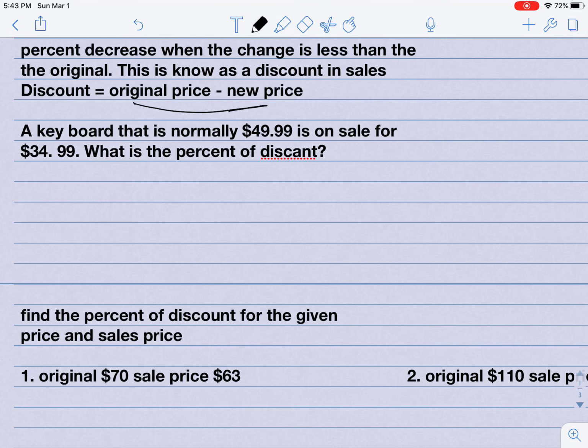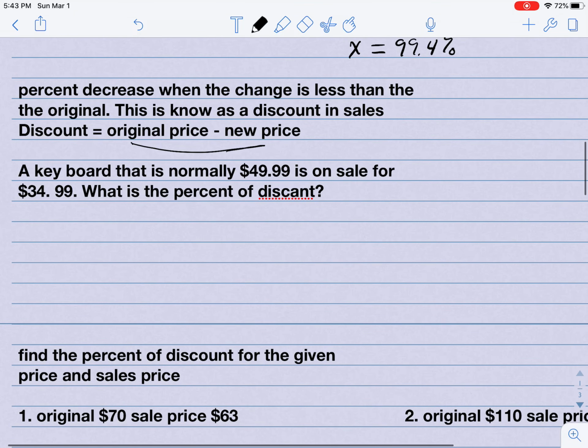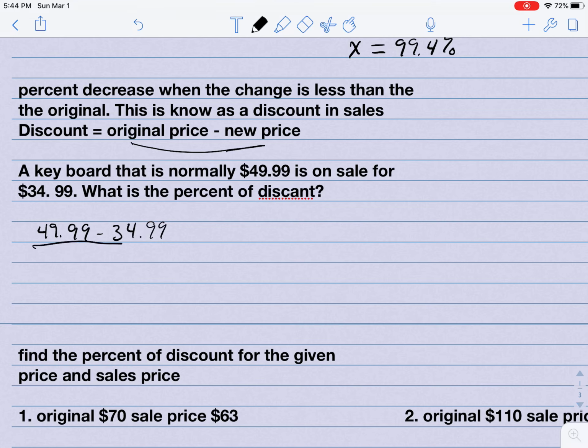Okay, so now we're going to set this up the same way as the other ones, except we're just switching to find the difference around. So now it's going to be the original price minus the discounted price, but it's still over the original price, $49.99. Okay, that's going to be equal to x over 100.